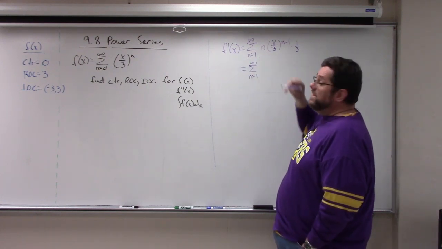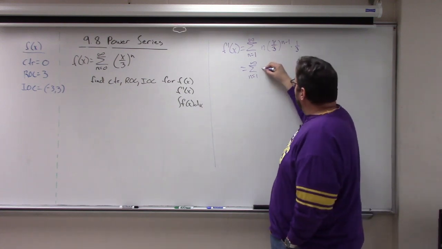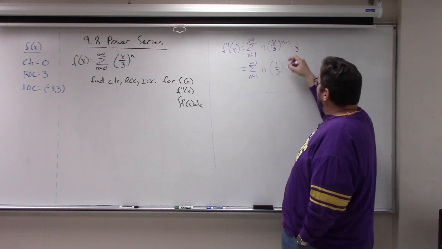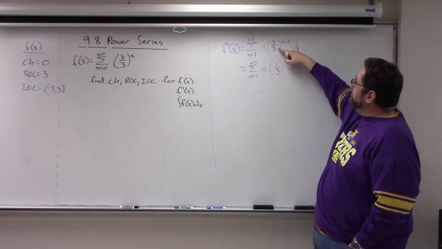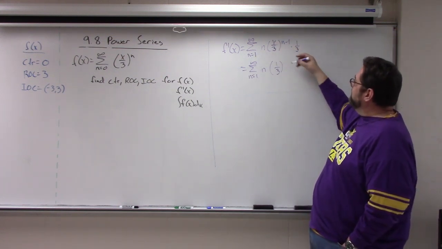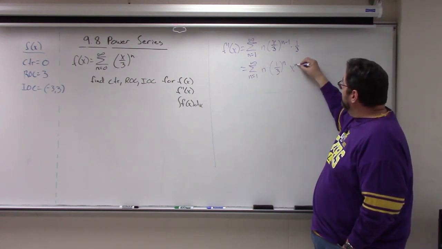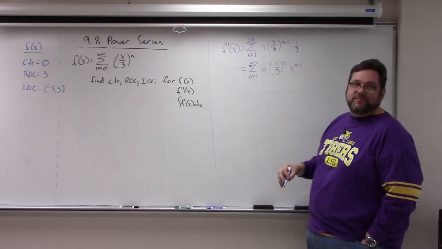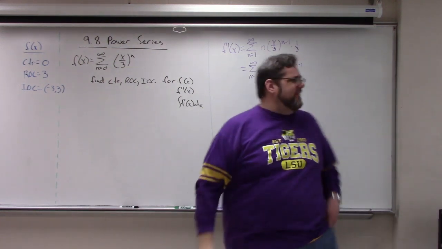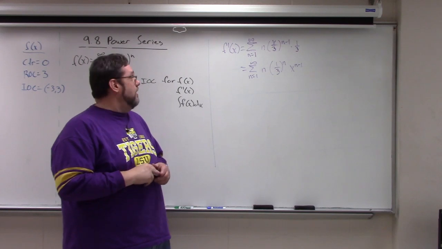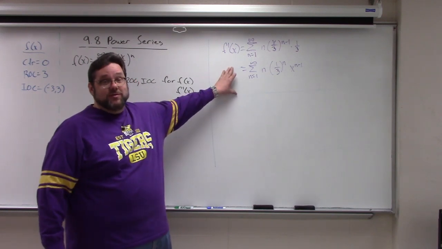Now, what I did in my notes is I kind of cleaned this up. I have n, and then I have 1/3, and this is like 1/3 to the n minus 1 times 1/3, so that's 1/3 to the n times x to the n minus 1. That's just the way I wrote it, and that n was throwing me off. I had to see where that came from. But this is the derivative.